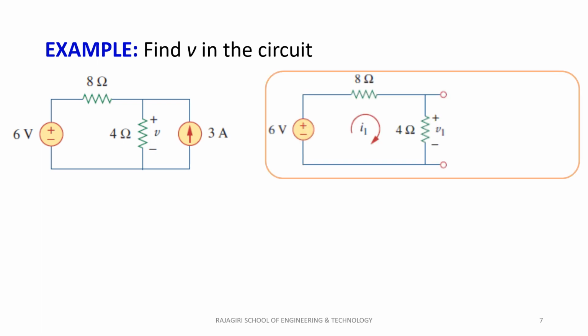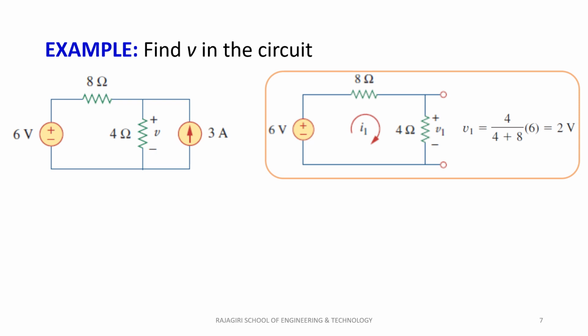The voltage across the 4 ohm resistor due to the 6-volt source V1 can be easily determined using voltage division rule as V1 is equal to 6 into 4 by 4 plus 8 volts, which is equal to 2 volts. Next, we consider the effect of the 3 ampere source.